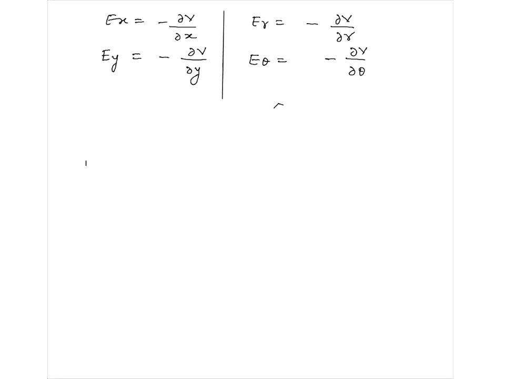So you will have to remember this, that theta component is given by minus 1 by r dou v by dou r. Now you can see that no problem with dimensions. Any questions? If you have, then let me know.